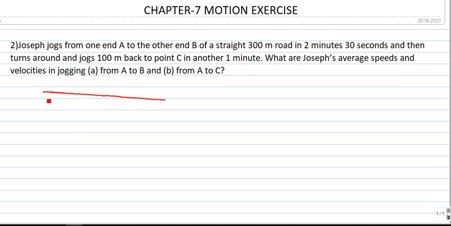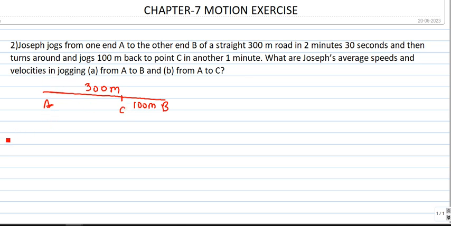Say this is point A, this is point B. The distance from point A to point B is 300 meters and the jogger turns back and comes back to point C. So the distance between B and C is 100 meters. So we have to calculate the speeds and velocities.